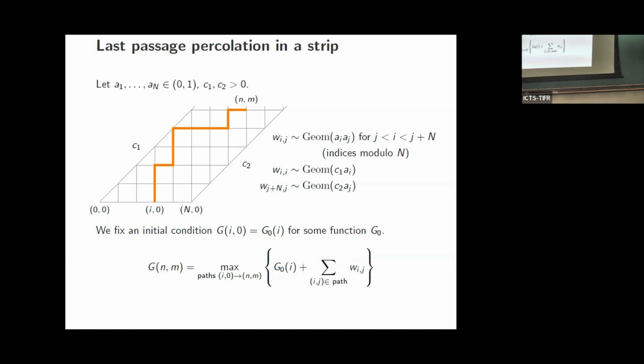Are you assuming that your two walls are symmetric with respect to y equals x, or not necessarily? We are assuming this. So they are parallel to the diagonal. In principle, it should not matter in terms of asymptotics. The result should be similar if we have another angle, but this is far from being very well understood yet.